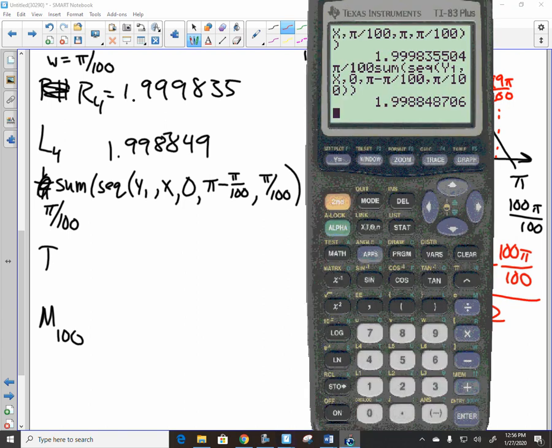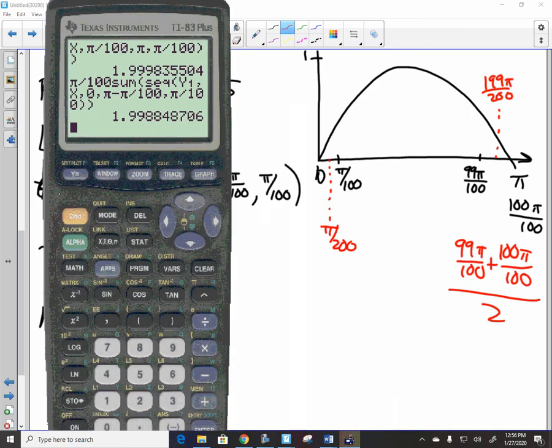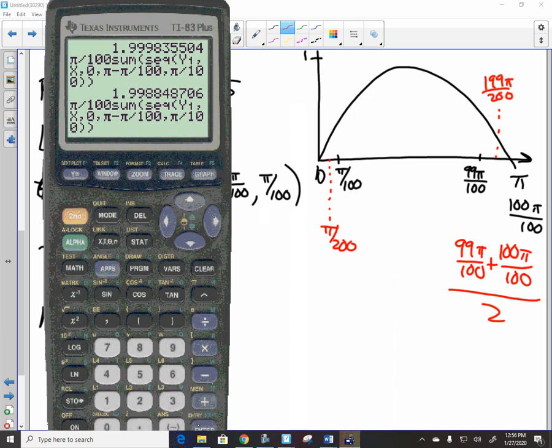So let's go to our calculator. You've done a great job. Long lesson today. Second entry.